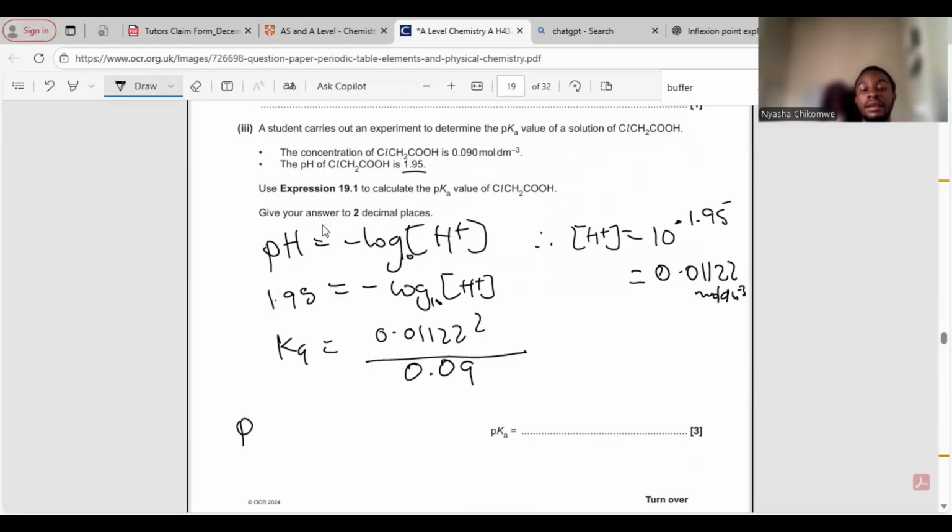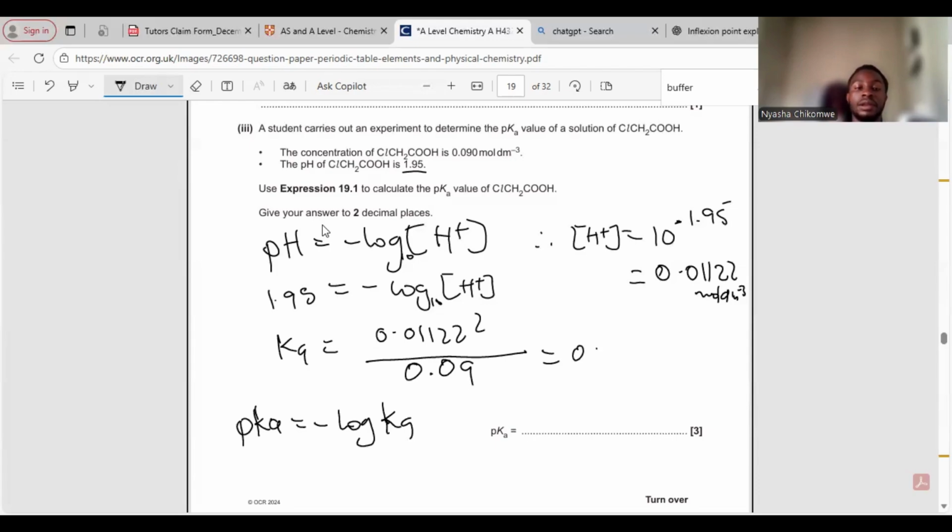Then pKa, again, is the negative log of Ka. So p is negative log of. So then what is Ka there? 0.01122 squared over 0.09.